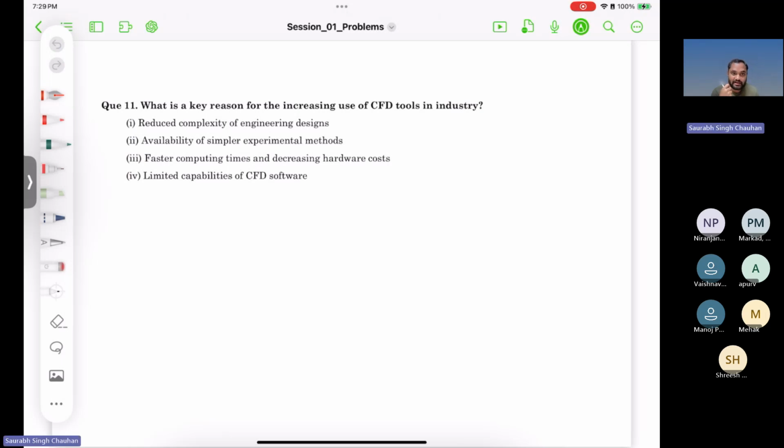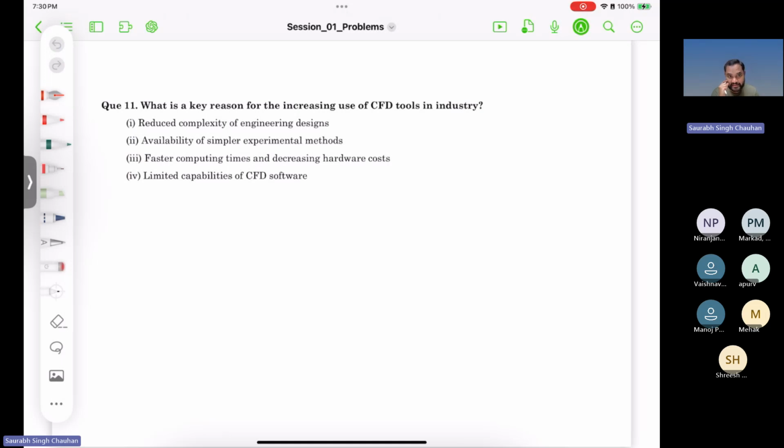Third option says faster computing time and decreasing hardware costs. Yes, it is the correct one, right? Every year our processors are getting faster, and the cost of hardware is decreasing.